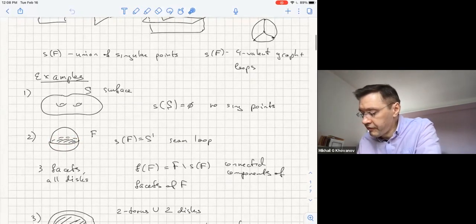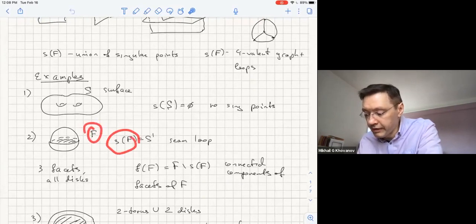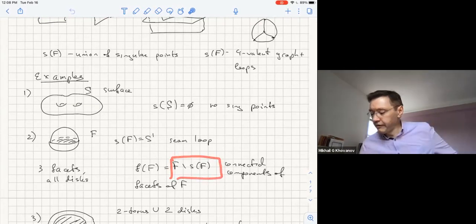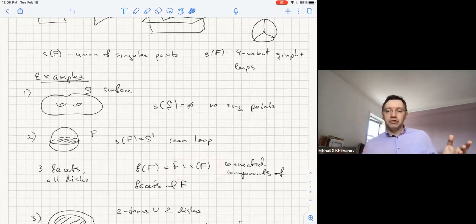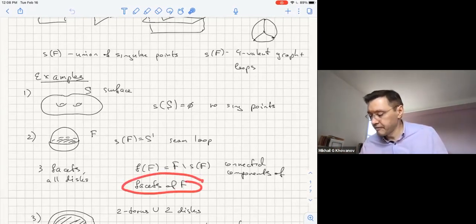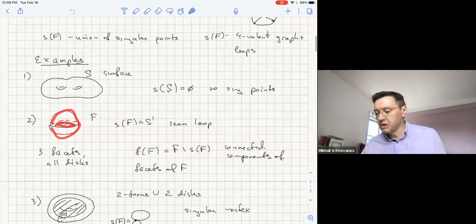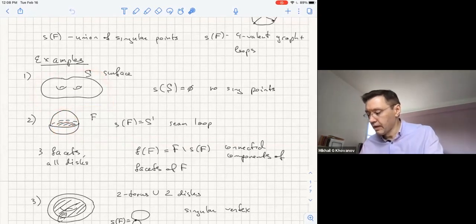Given a form F, if we remove the singular graph of F from the form, we have a union of open facets. F minus S of F is a surface, and its connected components are called facets. For instance, this form has three facets: top, middle, and bottom. This one has a single facet.